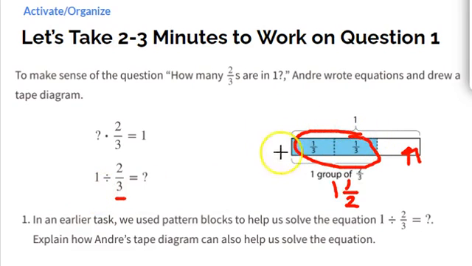We can take 1 full group of 2/3 out, right? We've got a part of a group here, and this is worth 1/3 on its own. But the question is groups of 2/3. Well, if this is 1/3, I'm missing another third. So this is only half of what I need, and that's why it's 1 and 1/2 in this situation.